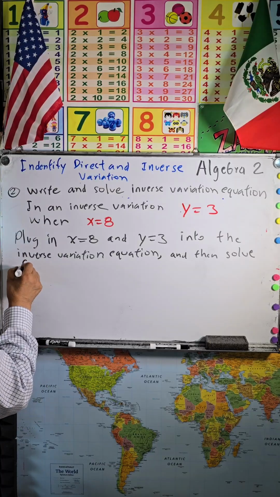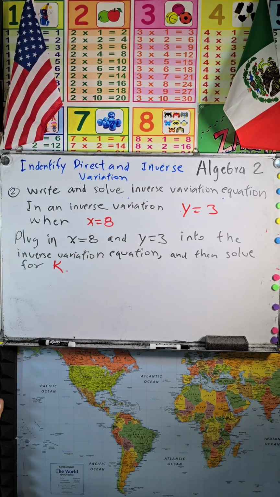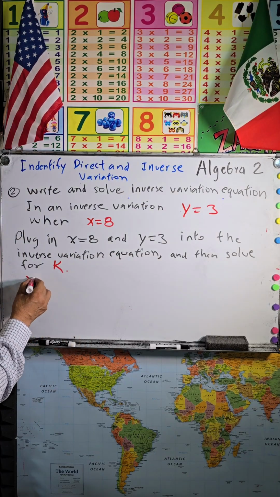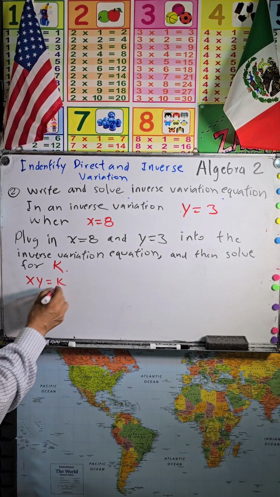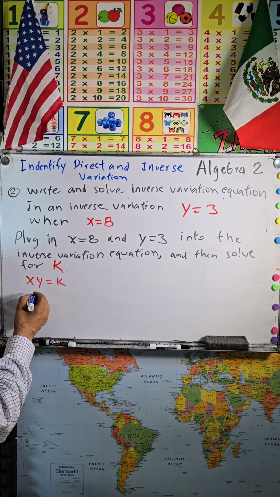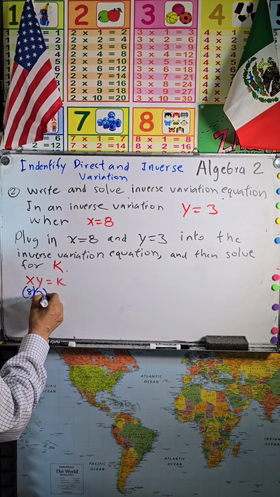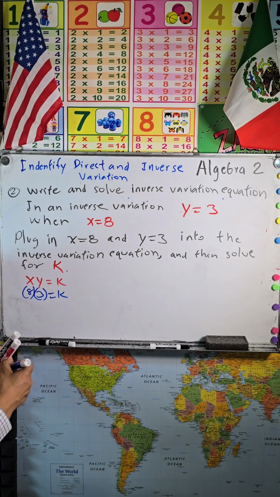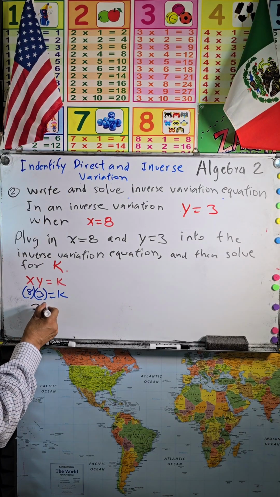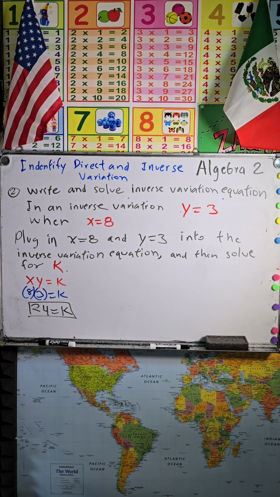Remember, we are looking for k. So let me write the formula right here. We have x y equals k, and if we substitute, we will have x equals 8 times y equals 3 equals k. 8 times 3 is 24. So 24 equals k. Right here, we have the answer ready.